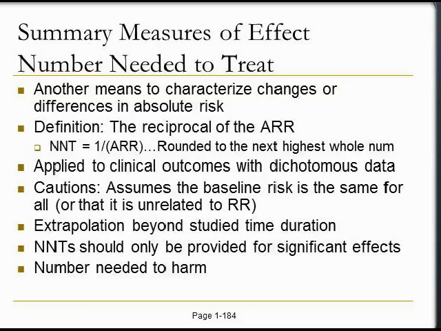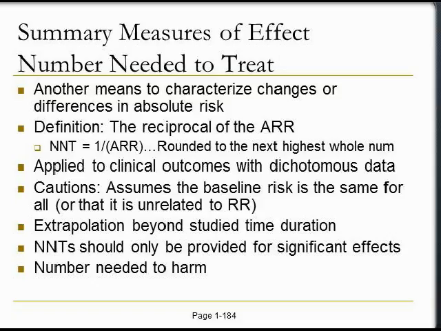So remember that the definition, the number needed to treat is the reciprocal of the absolute risk reduction. Okay, and shown here again, it's rounded to the next highest number. We'll show a couple of examples of that in a second. It's applied to clinical outcomes with dichotomous data, and it assumes that the baseline risk is the same for all.